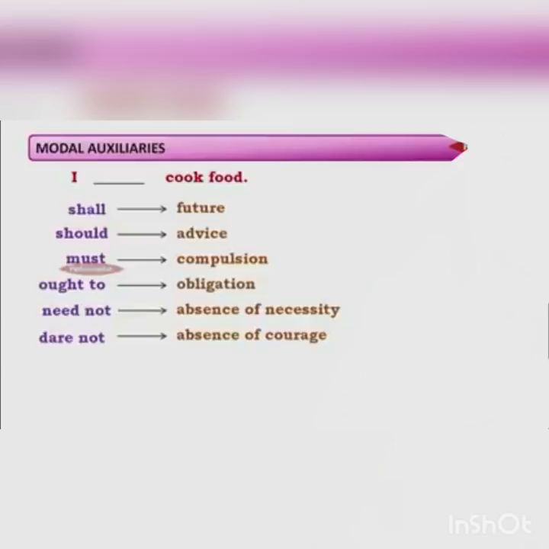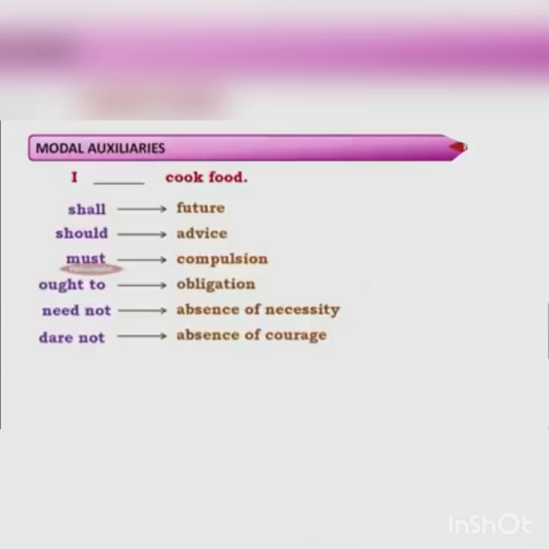We have seen the same statement, I dash dash cook food, but when we add different modal auxiliaries one by one, the meaning of the sentence changes. And this is exactly what we want to learn in modal auxiliaries.